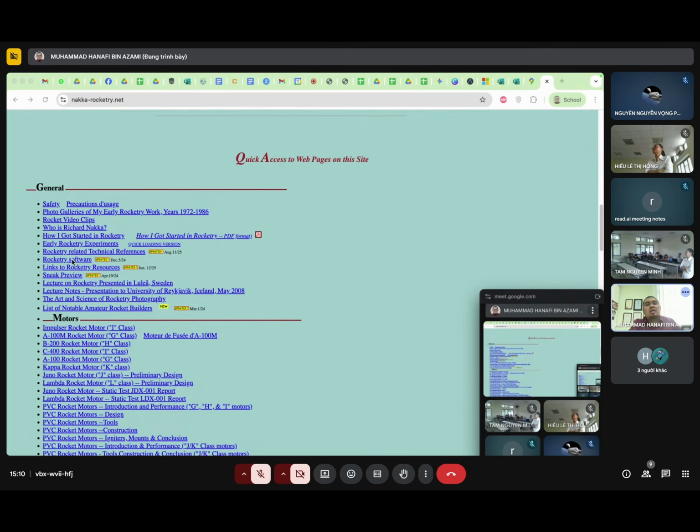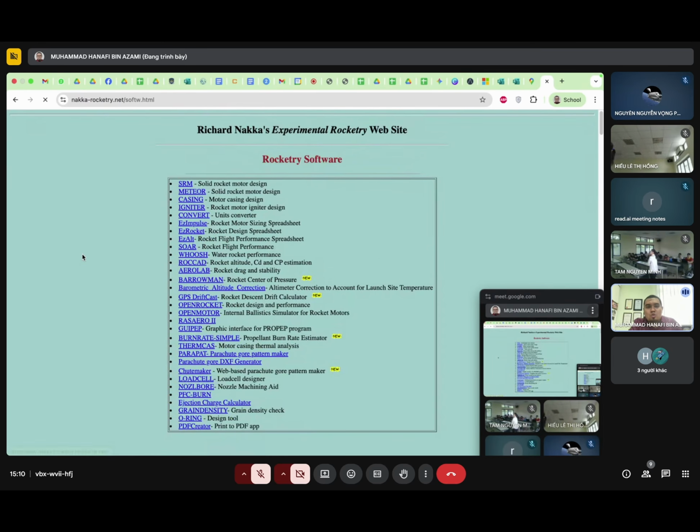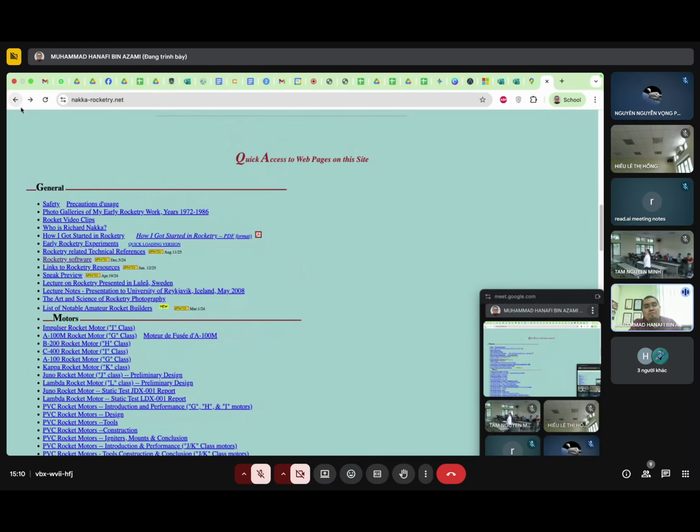You can take it and use it. For example, OpenMotor, burn rate cycle, and so on. You can browse through this website and use it for free.